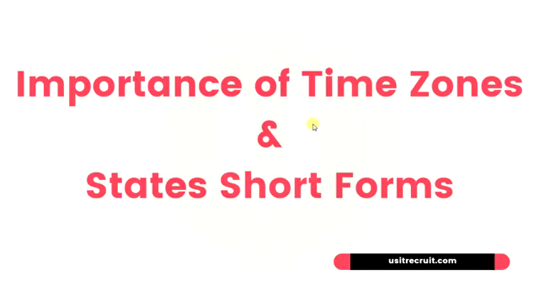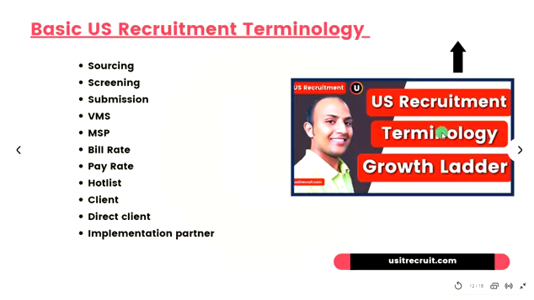So let's move forward and see the basic US recruitment terminology. As you see here: sourcing, screening, submission, VMS, MSP, bill rate, pay rate, hot list, client, direct client, implementation partners.